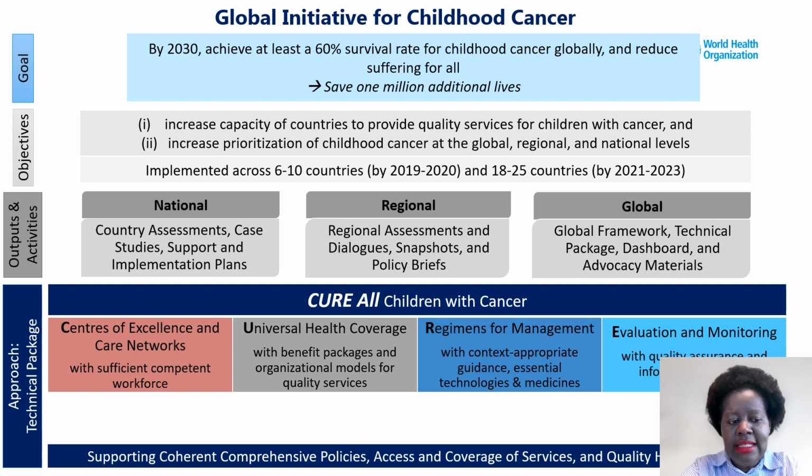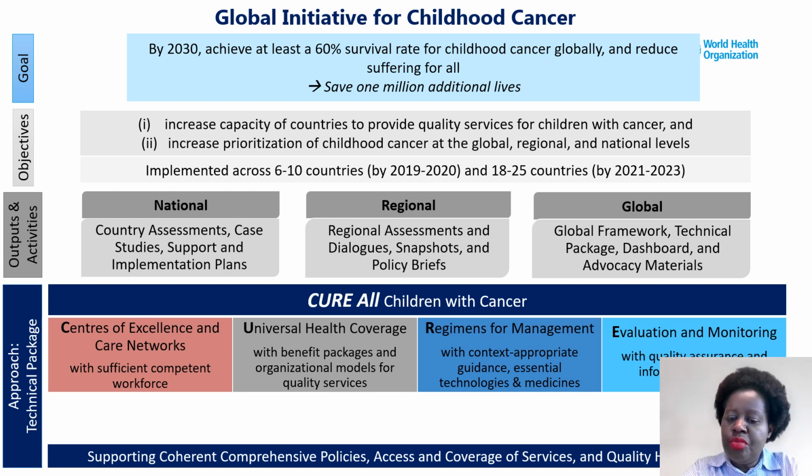C stands for Centers of Excellence and Care Networks with a sufficient competent workforce, universal health coverage with benefit packages and organization models for quality services. We're looking at benefit packages which are inclusive of childhood cancer, regimens for treatment which are context appropriate, and that will have guidelines, essential technologies and medicines that are context specific as well.